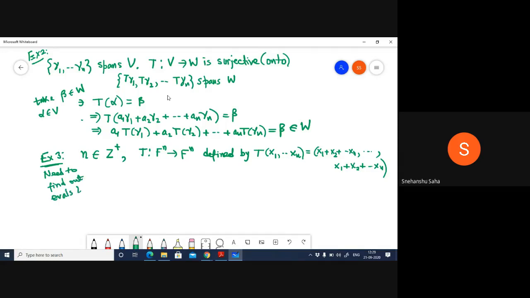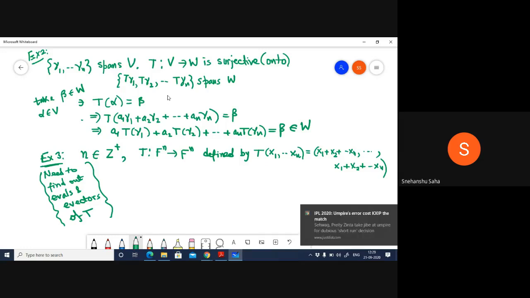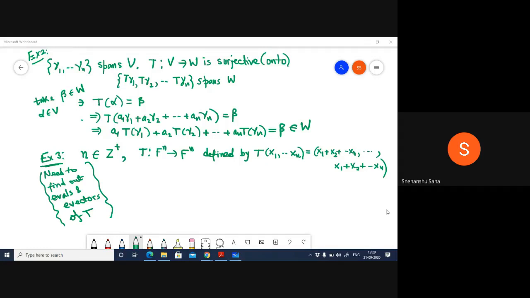It's not so much a computational exercise, but rather something interesting to observe. Do you see anything from the way this linear transformation is defined? Is there something interesting that you see?